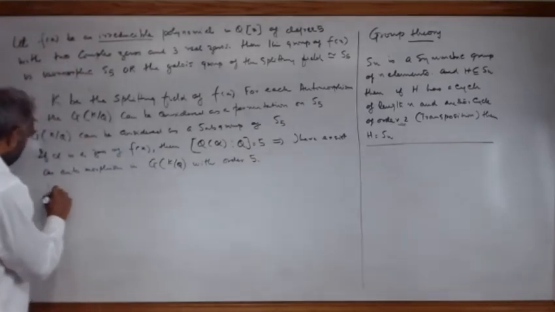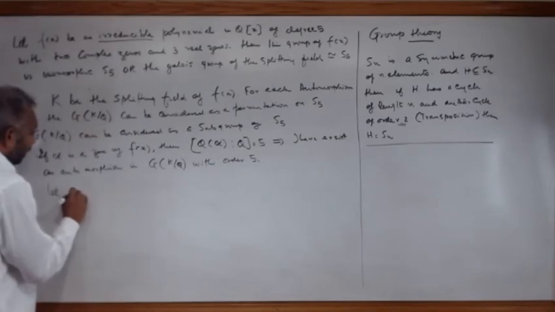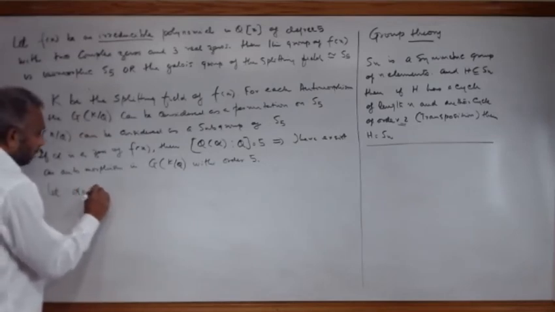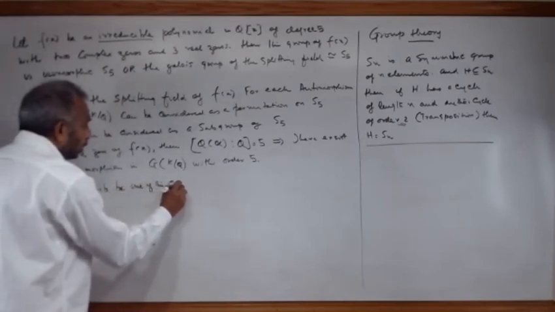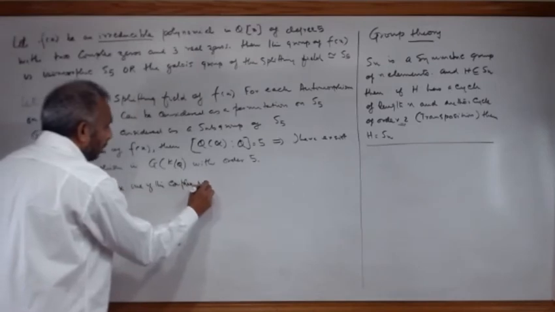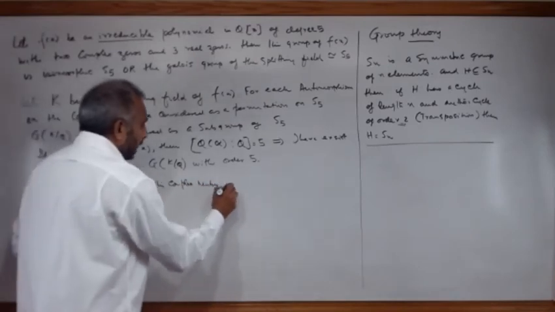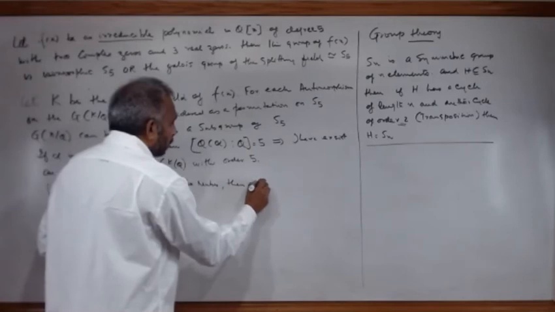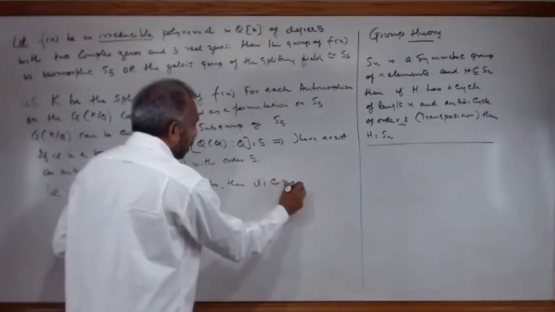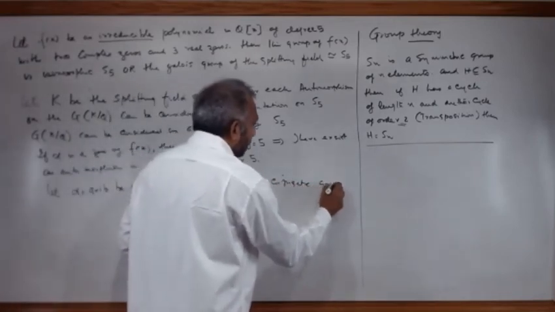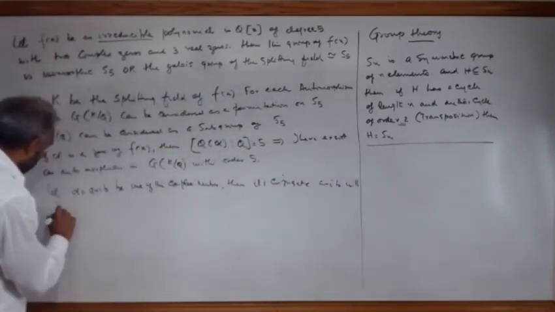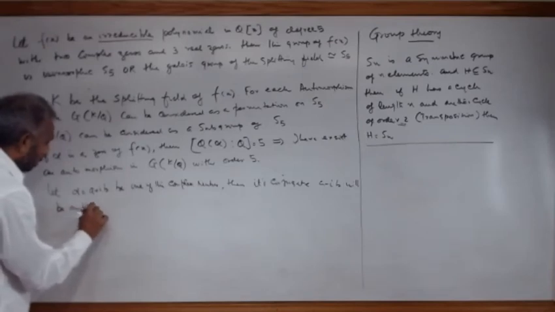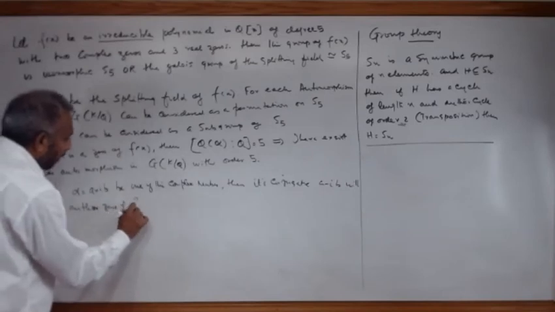So let alpha equal a plus ib be one of the complex numbers. Then its conjugate a minus ib will be another zero of f(x).